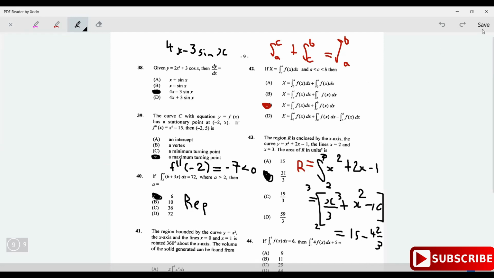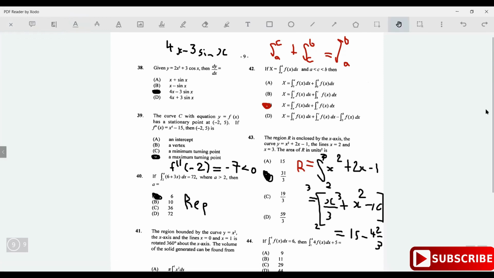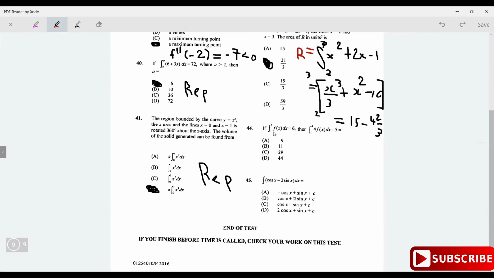Easy question. Soft. Question 44. It says that the integral from 1 to 4 of f of x is 6. So let's replace this with 6. We can write it as 4 times the integral from 1 to 4 of f of x, plus 5.